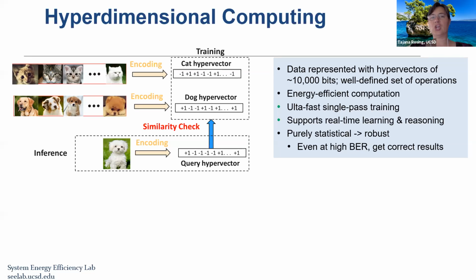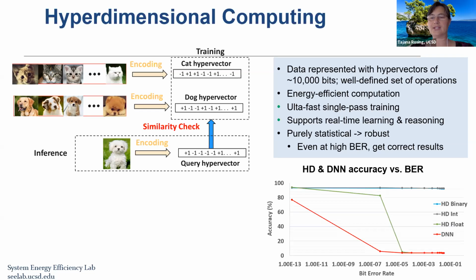As you can see here in this example, the training really just involves adding up a bunch of vectors and maybe doing a little bit of tweaking. The process is super fast, which means that you can actually implement this on very small, even sensor-sized devices. As a result, we can now support real-time learning and even some reasoning capabilities. And the best of all of this is that HD computing is very statistical and very robust to errors.